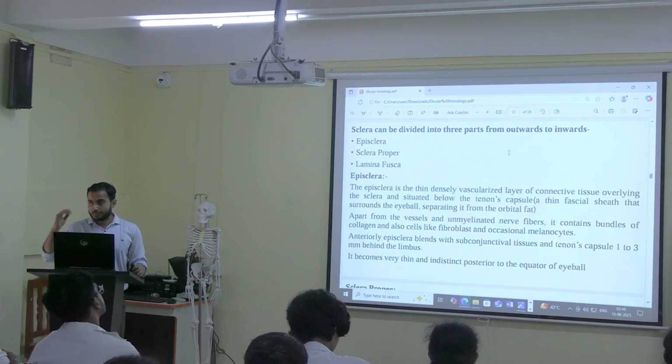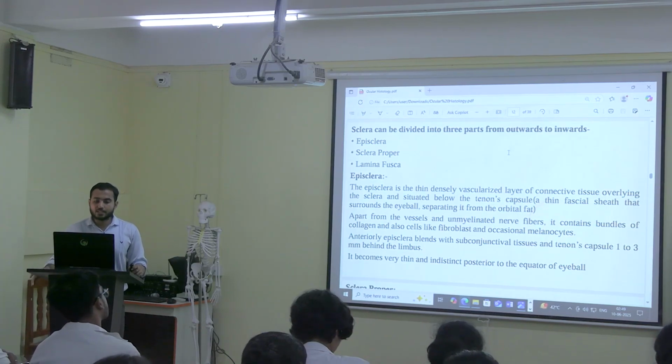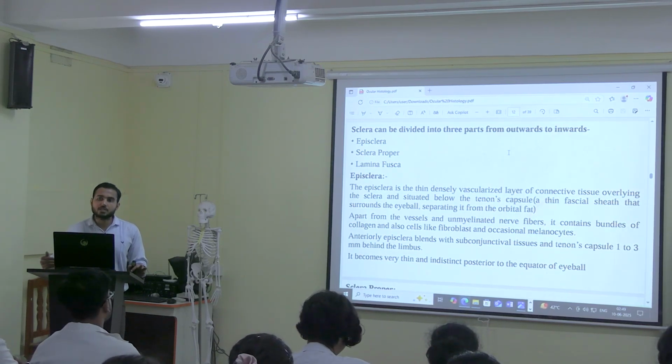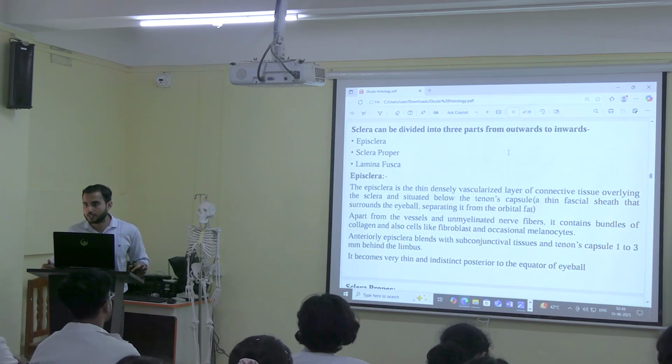Three layers are there: first is the episclera, then sclera proper and lamina fusca. These are the three layers of sclera from outside to inside. Now what is there in each of them, that we have to know.